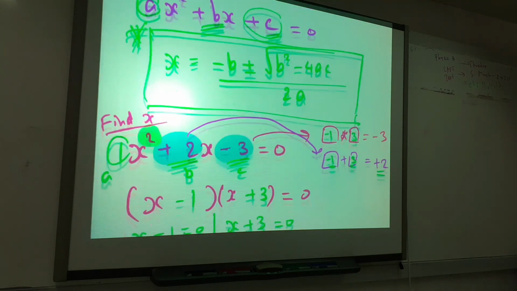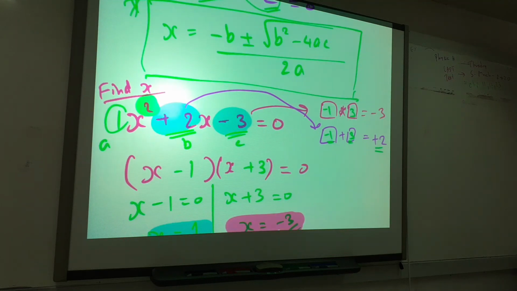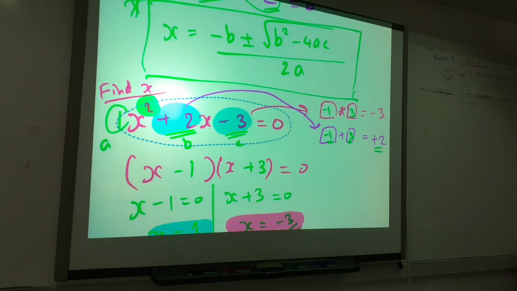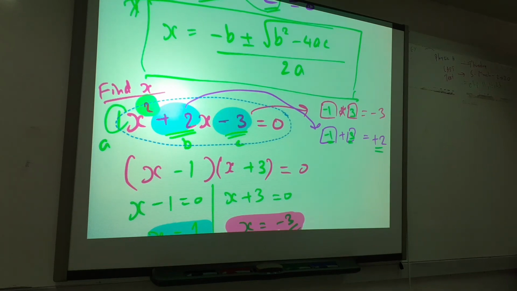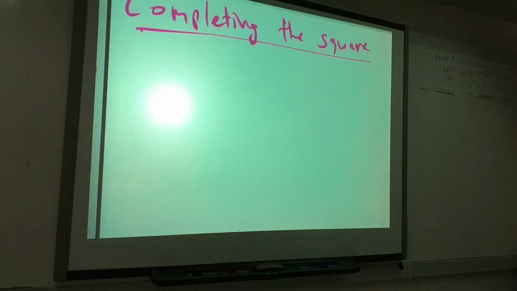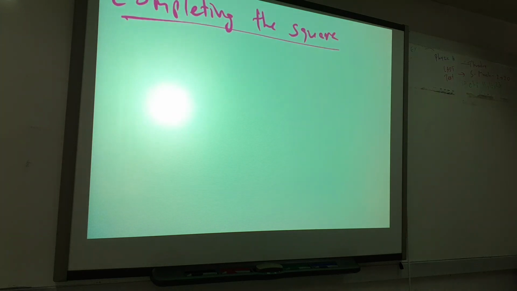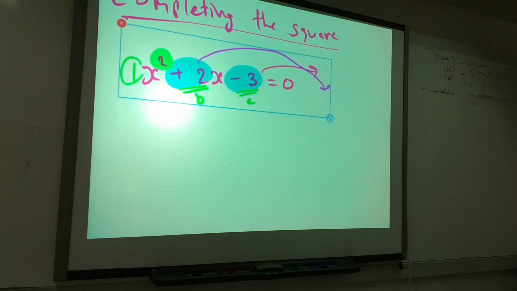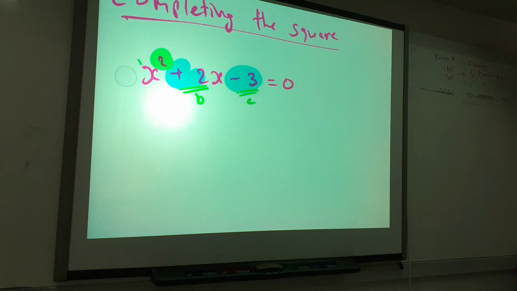Let's see this example. Copy this, the same question. Let's do the completing the square method. We should get the same answer, by the way. Okay, first step.